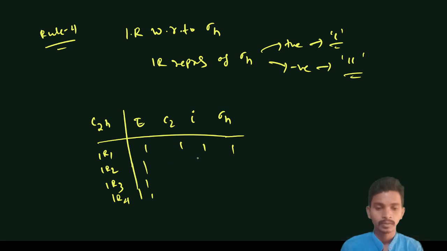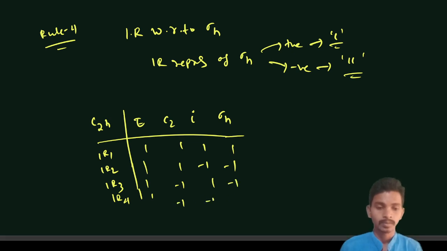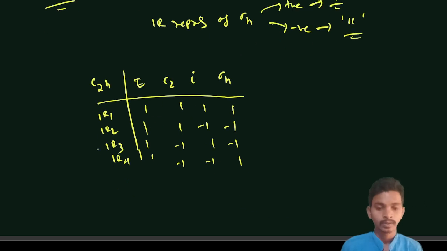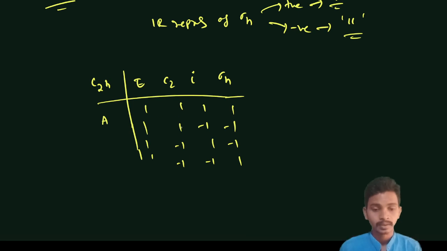Then 1, minus 1, 1, 1, and 1, 1, minus 1, minus 1, and 1. So here, in the E column all are 1, so all will be A or B. Here this is 1, so this is A, and this is 1, so this is again A. This is minus, so B, and this is minus, so again B.